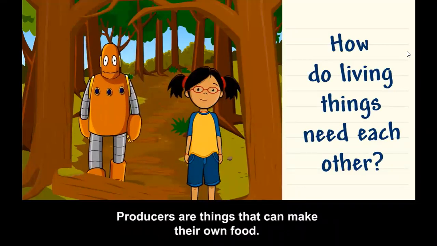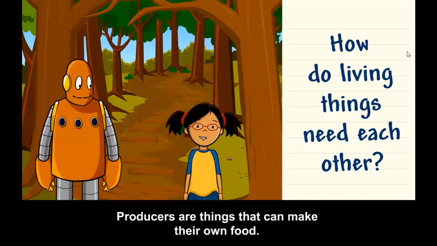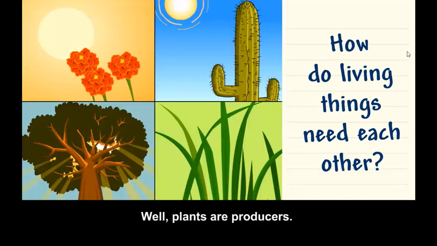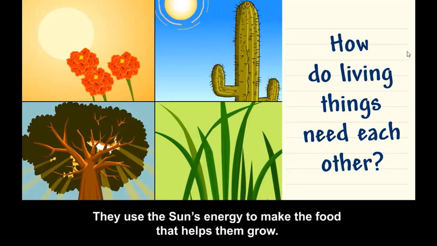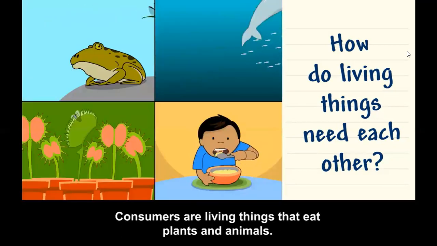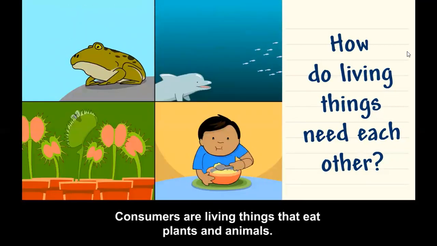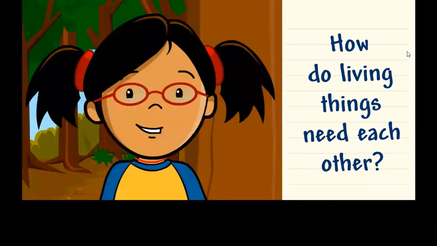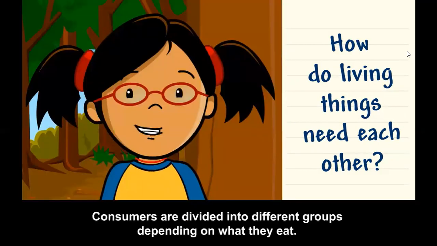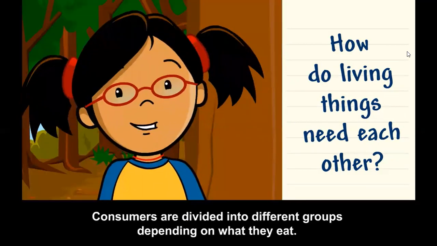Producers are things that can make their own food. Well, plants are producers. They use the sun's energy to make the food that helps them grow. Consumers are living things that eat plants and animals. Consumers are divided into different groups, depending on what they eat.